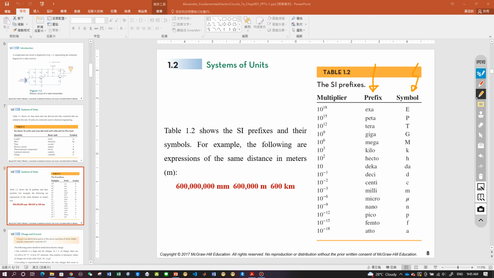Here, for example, this is deca. Normally we say centimeter, and centi is 10 to the power of minus 2. This is 10 to the power 2, 10 to the power 3. This 6 is mega. 你的5G上网速度多快，你的capacity，你的硬碟, what's the capacity of your hard drive? How many mega?